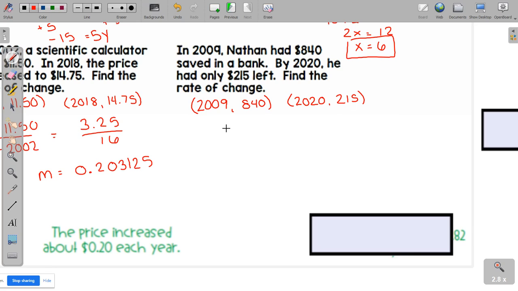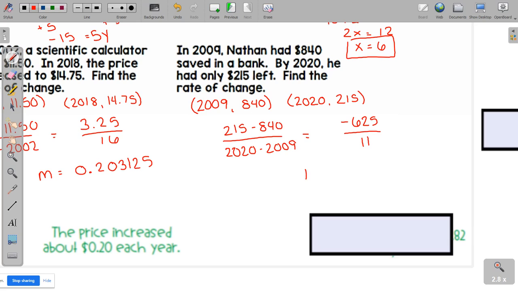Now subtract 215 minus 840 over 2020 minus 2009. When you subtract that, you get negative 625 over 11.